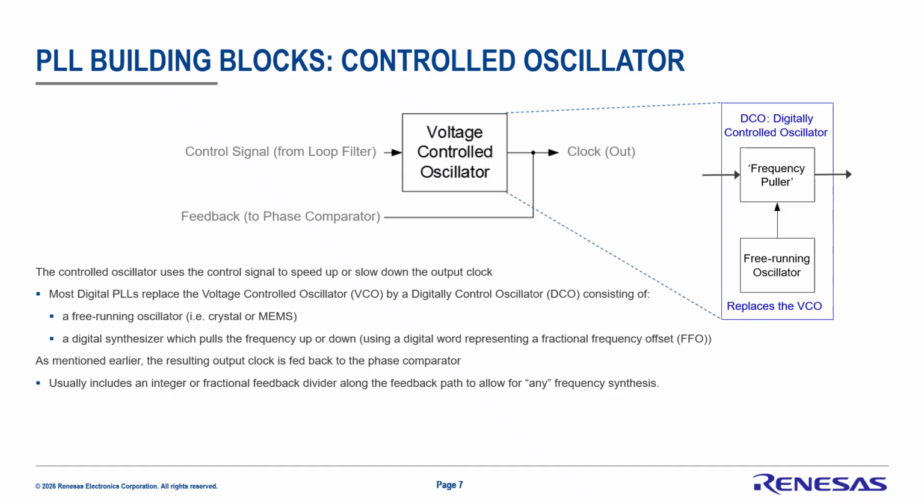A DCO consists of a free-running oscillator, which is typically sourced from a crystal or a MEMS, and it uses a digital synthesizer, which will pull the frequency either up or down using the digital word that represents the fractional frequency offset coming from the loop filter. And as mentioned earlier, the resulting output is then fed back to the phase comparator, and a lot of times along that path there will be an integer or fractional feedback divider to allow for the synthesizing of any frequency at the output.